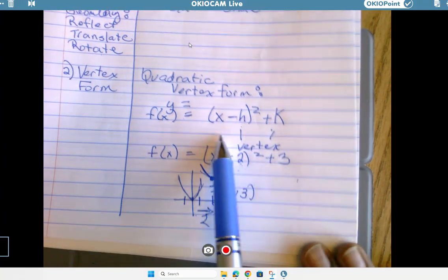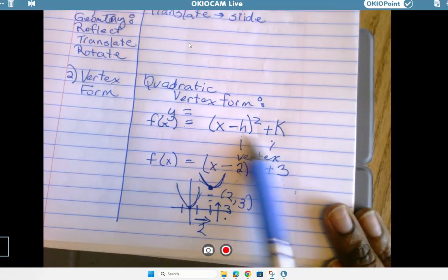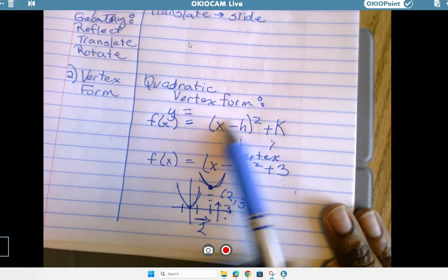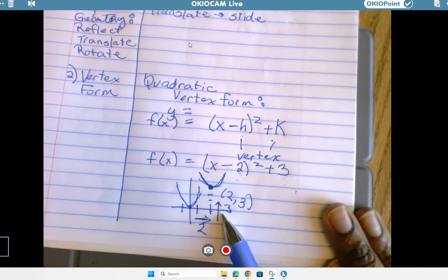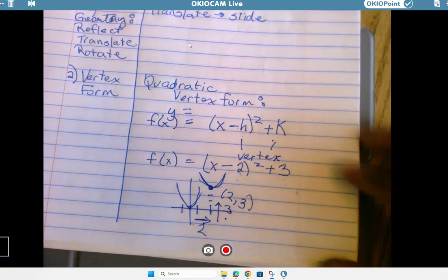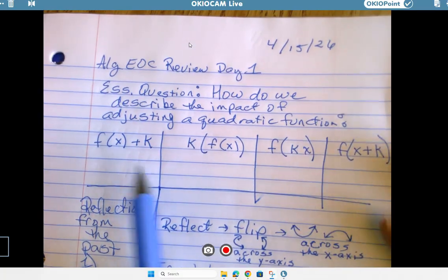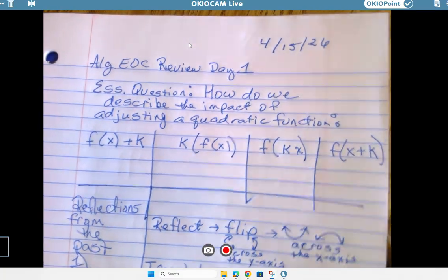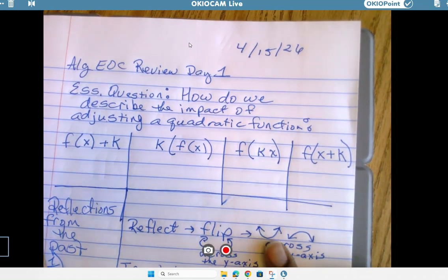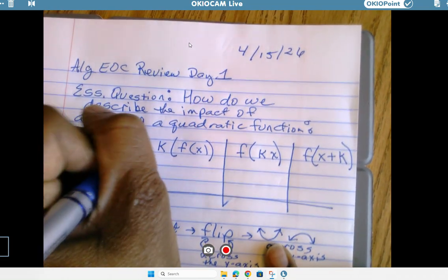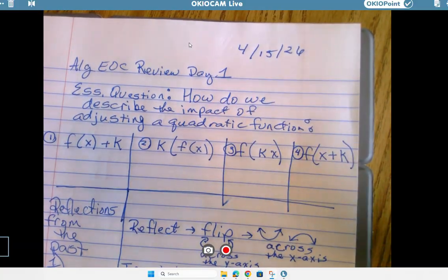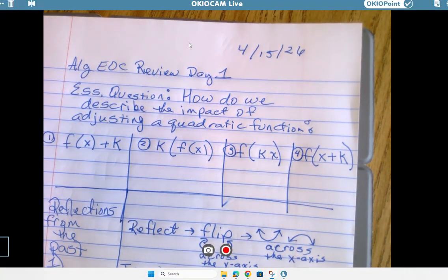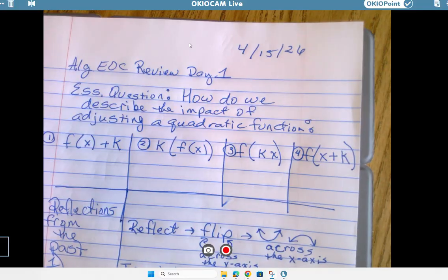So when we have a vertex form with a minus or a plus in the parenthesis and a plus on the outside, we should automatically think, it's going to translate. So, look up here. Back at the essential question. Which one of these, 1, 2, 3, or 4, is responsible for translating a quadratic?